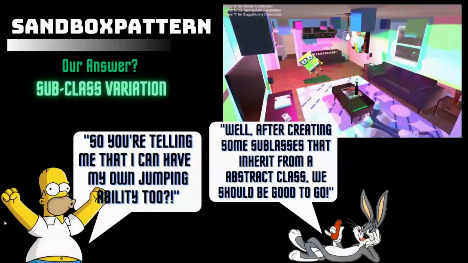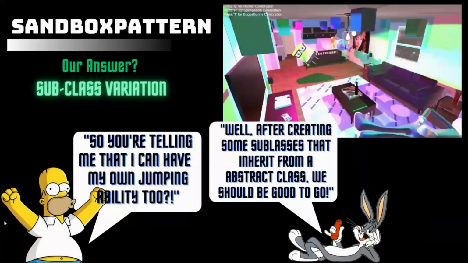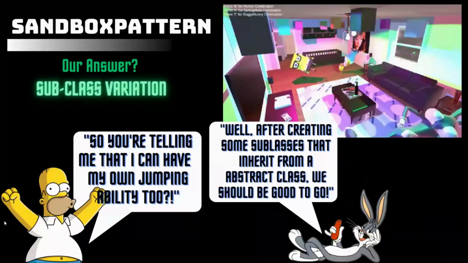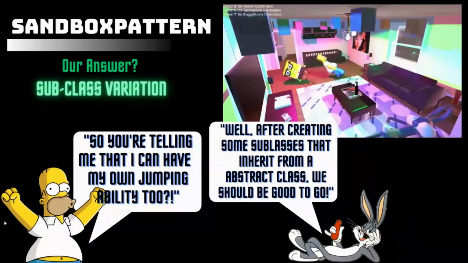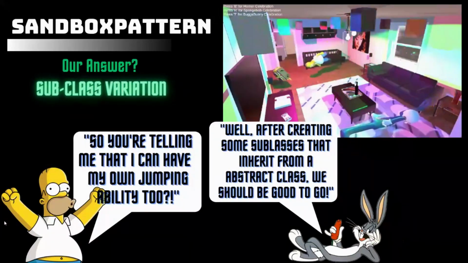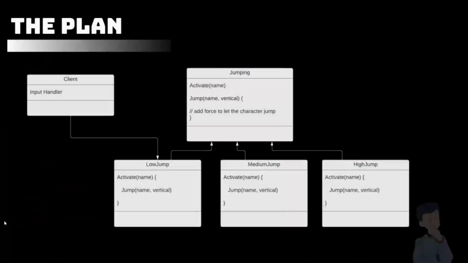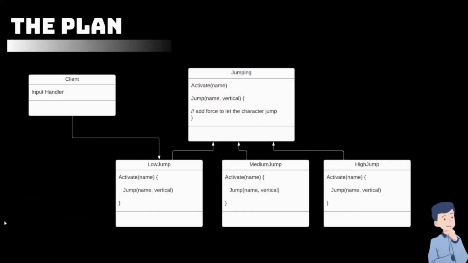And our answer is to have subclass variation. What we're going to do, and for the plan, as you're going to be able to see in the next slide, is we're going to have a main class called jumping, which is an abstract class, with an abstract method called activate, with the main method where we're going to have variations for jump.